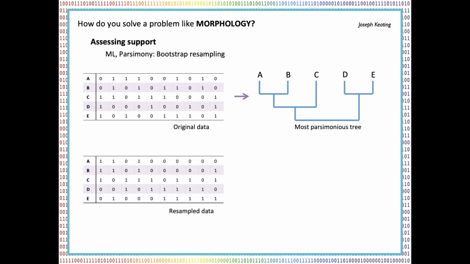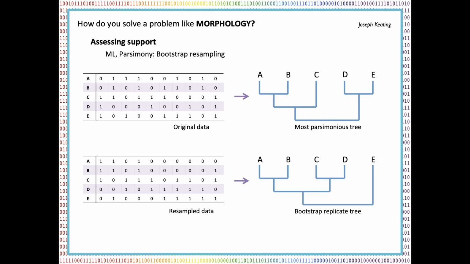We then use this resampled data to infer a tree. If we do this thousands of times, we can estimate the support of bipartitions in our original tree by the frequency they occur in our bootstrap replicate trees. We can then collapse our original tree so that it only contains bipartitions with over 50% support.